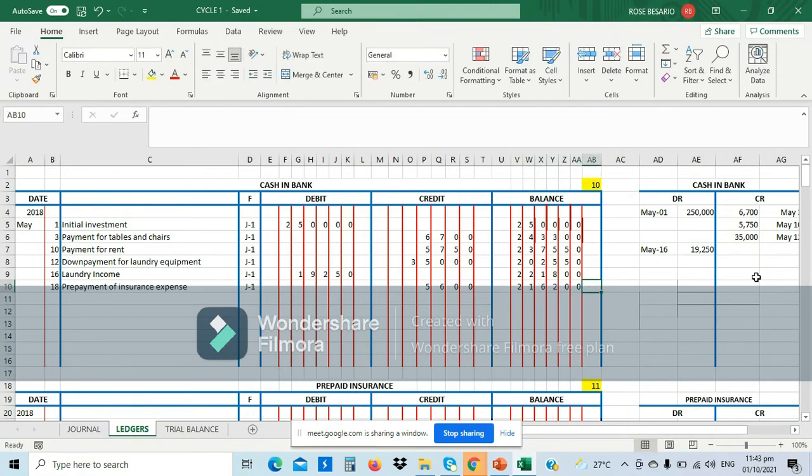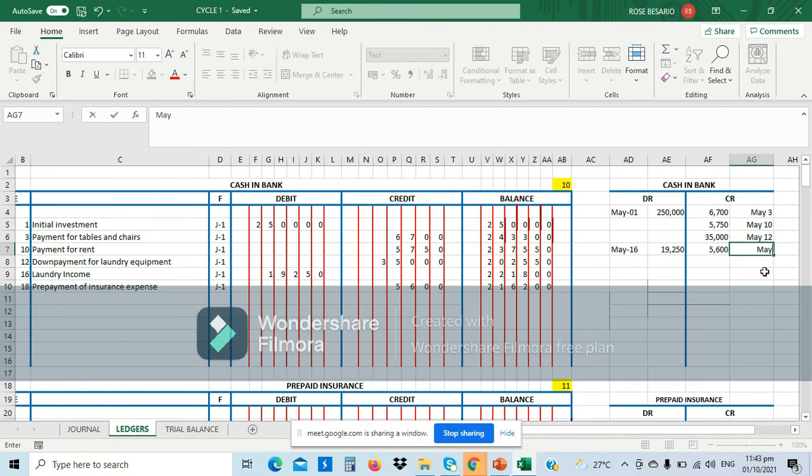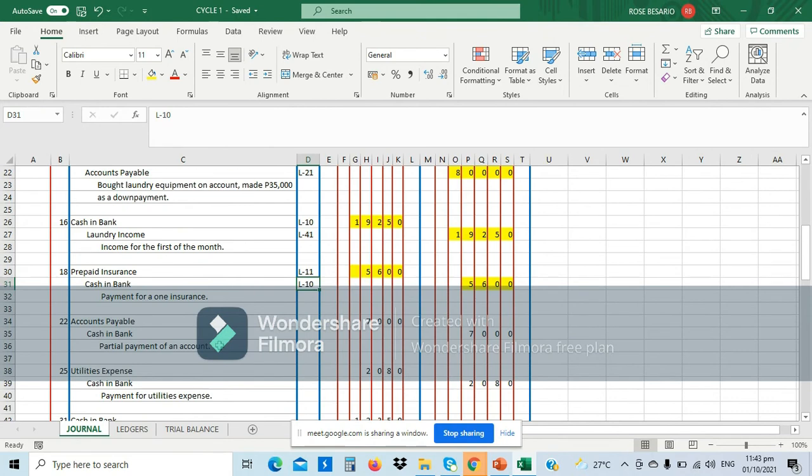Okay, and then in your cash in bank T account, you also have to post here 5,600 credit. This is May 18. Okay, and then next is 22.